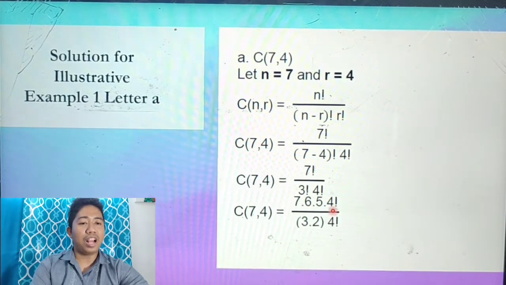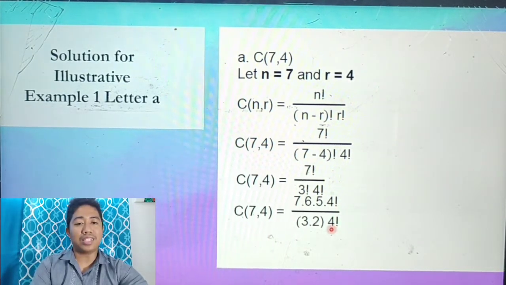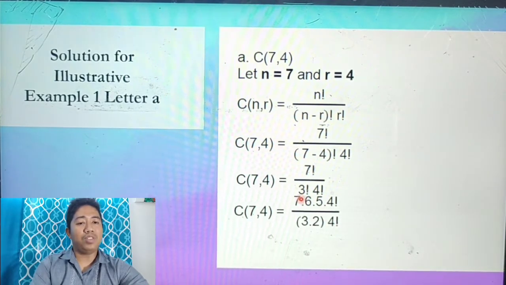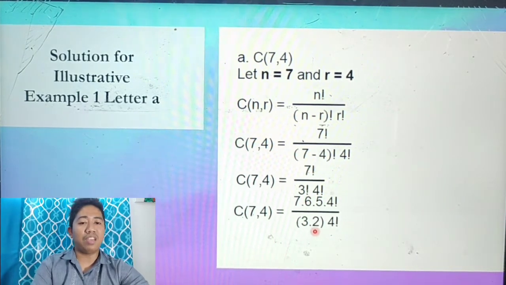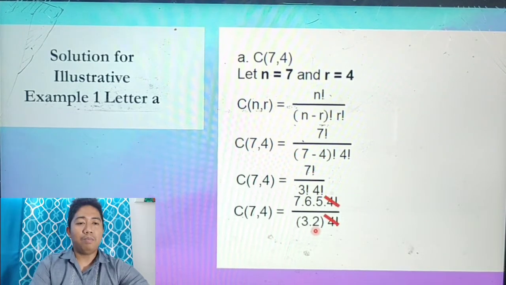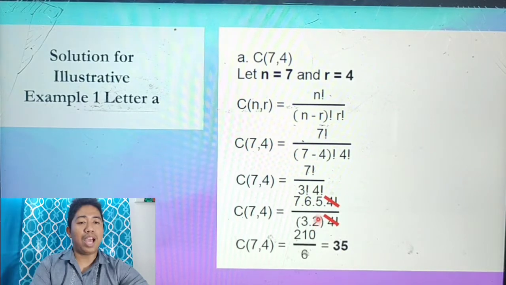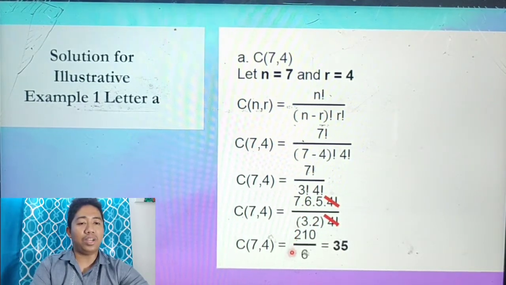The 4 factorial is in the numerator and also in the denominator, so it cancels out. To make cancellation easier, we expand 3 factorial, which becomes 3 times 2, and we cannot omit 1 as the last factor of the factorial. We use the cancellation process to eliminate 4 factorial, and the remaining is 7 times 6 times 5 all over 3 times 2. The product of the numerator is 210 and the product of the denominator is 6.